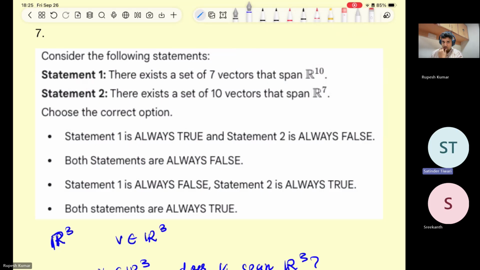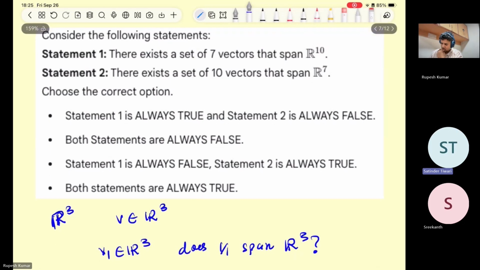No, I don't have a doubt here. But sir, one question. If two vectors V1 and V2 are independent vectors, someone has told us that if you add a zero vector to them, they will become linearly dependent.